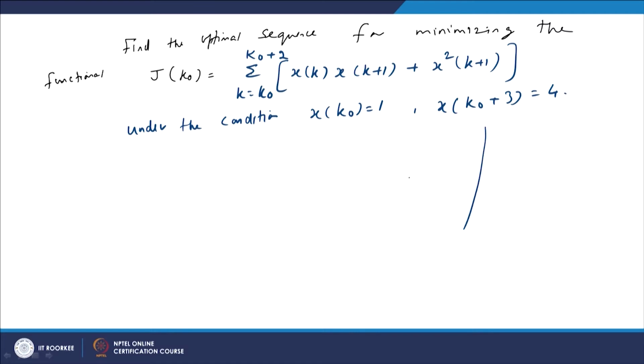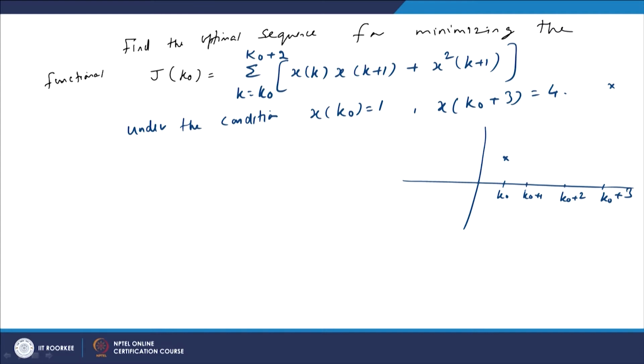So, we have to find x at k0 plus 1, k0 plus 2, k0 plus 3. So 4 instants of time are given, x of k0 is fixed, it is 1, and x of k0 plus 3 is also given, it is the value 4.